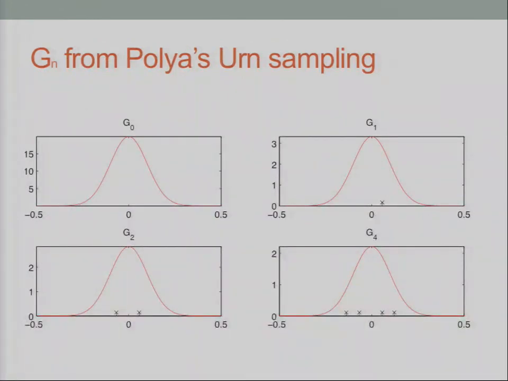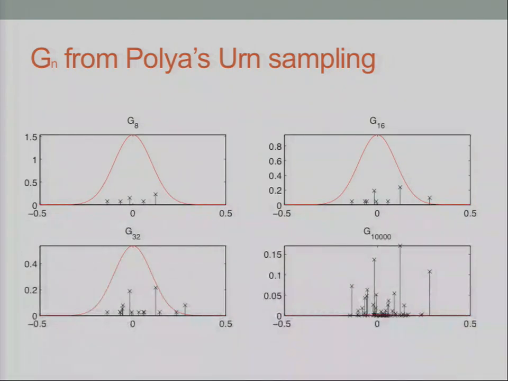And then G2 is going to be including this, conditioning on this. We sample another point, and that gives us G2. And we keep doing this to get more and more samples. So as we increase the number of samples, this is what we get for G10,000. So this is a sample from the Dirichlet process obtained using the Polya urn sampling scheme.